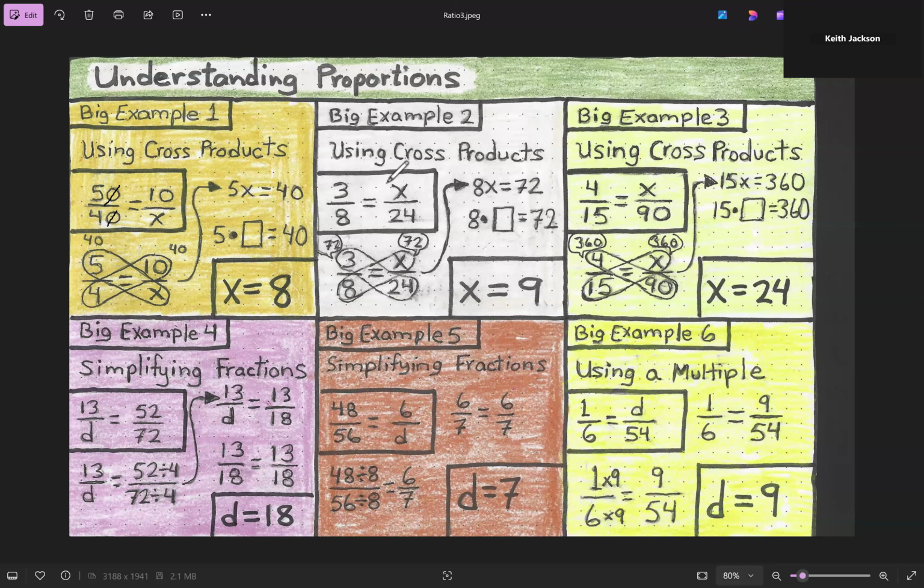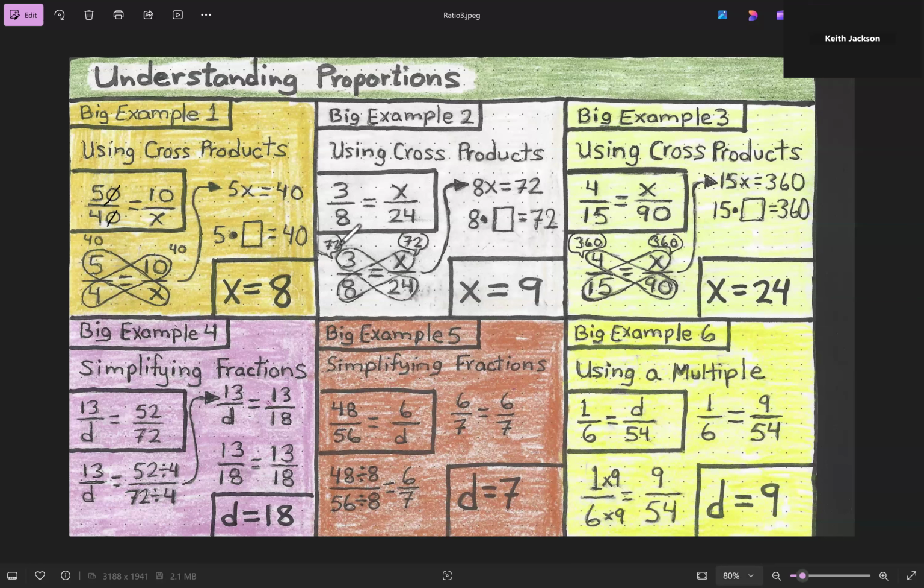Now let's move on to big example 2, and we're going to use cross products to find the answer here. We're going to solve for x by finding a number that belongs right here in place of x. The good news is that this fraction right here is already simplified, so all we have to do is simply cross multiply. We multiply 24 times 3, we're going to get 72. And that lets us know that 8 times this unknown number has to equal 72 as well, because the equal sign is not going to tell us a lie.